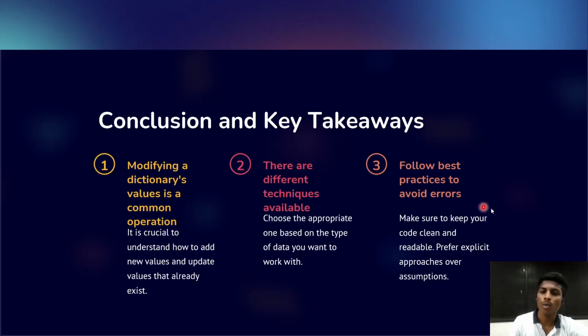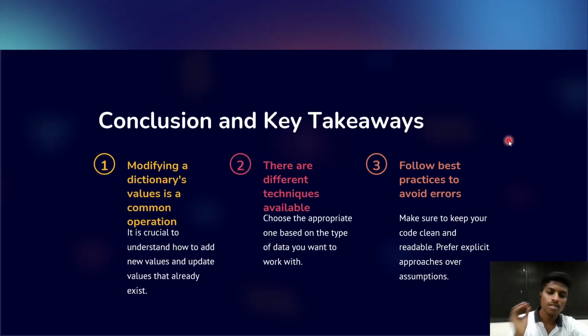Follow best practices to avoid errors. So basically, we must follow the best practice and avoid errors. When we run a code, we find plenty of errors when we do not obey the rules or the practice given by the compiler. So using the best practices, we can be a good coder, a good programmer. Make sure to keep your code clean and readable.